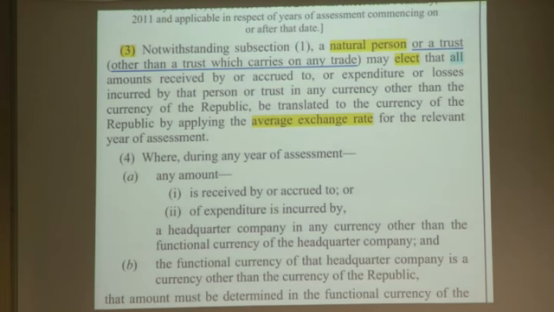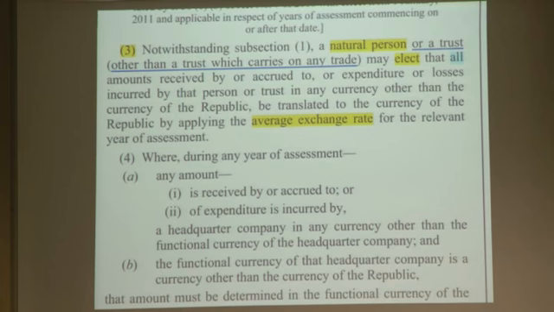You may elect that all amounts received by or accrued to that person, or expenditure or losses incurred by that person or the trust, in any currency other than the currency of the Republic, be translated to the currency of the Republic by applying the average exchange rate for that year of assessment. So a natural person and a non-trading trust can, per year of assessment, decide what they want to use.